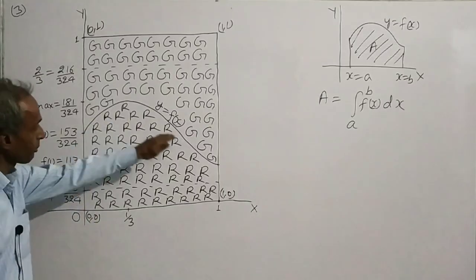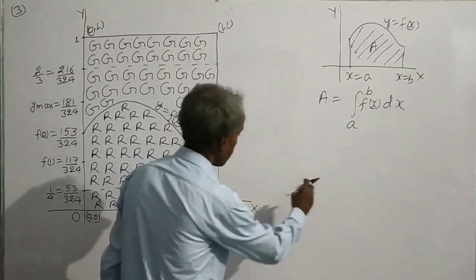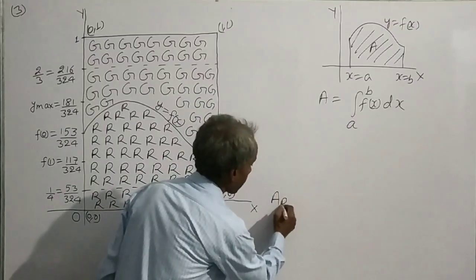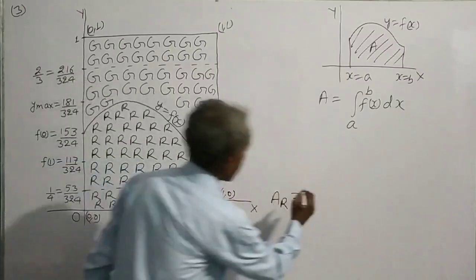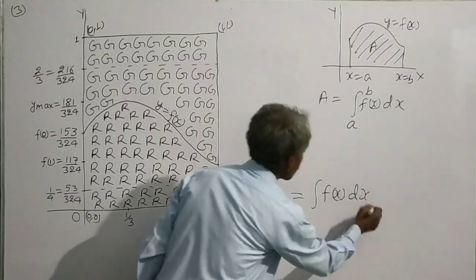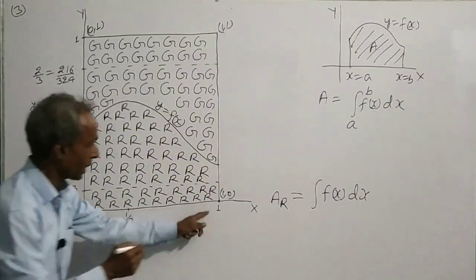Therefore, we denote the area of the red region by AR. AR will be equal to the integration of f(x) dx from x = 0 to 1.